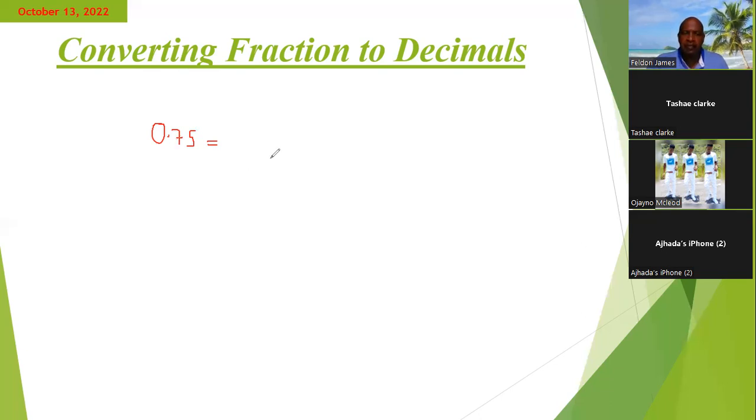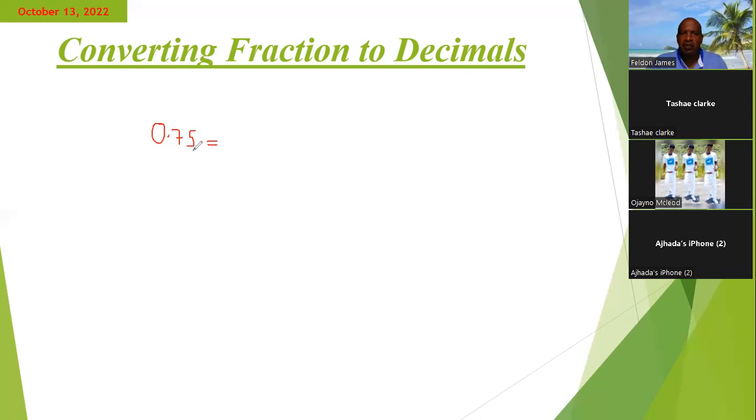General rule, guys. Remember, we say that decimals are special fractions, and the fractional parts come after the decimal point. And we know that the first digit would be over tenth with a TH, and the second digit would be over hundredth with a TH.